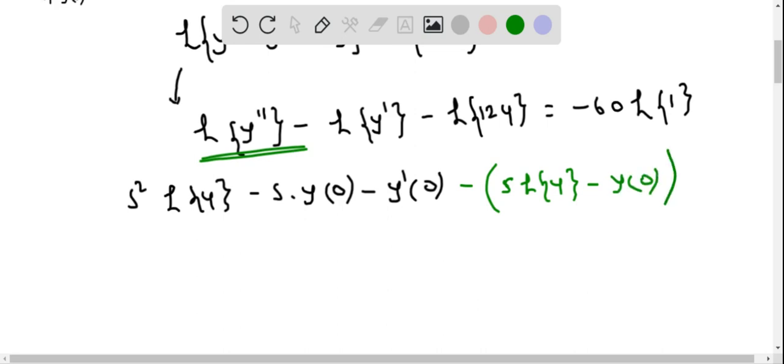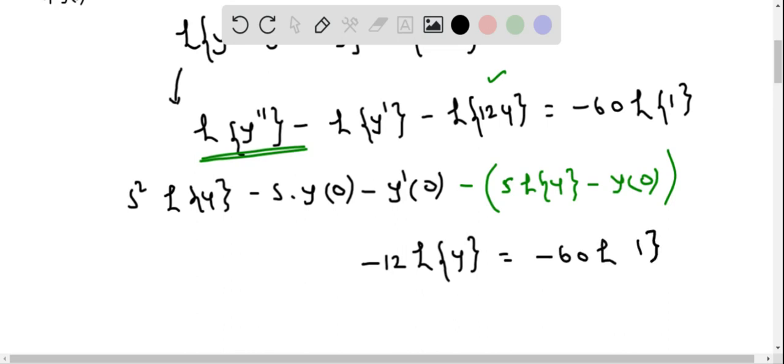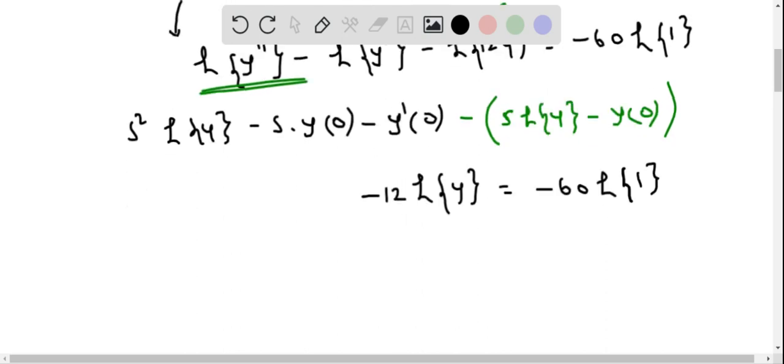And then finally, we have the third term, that is the negative of the Laplace transform of 12y. We can factor out this negative 12 and write this as just the Laplace transform of y. And this equals negative 60 times the Laplace transform of 1. I just write this down as it is as of now.